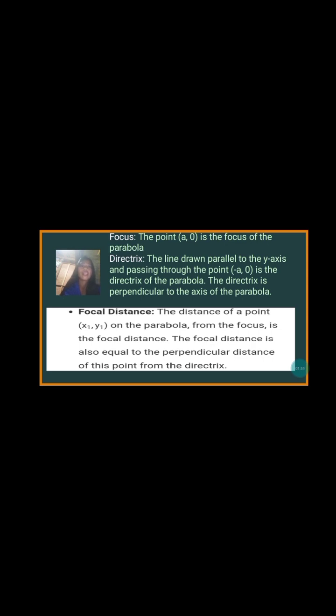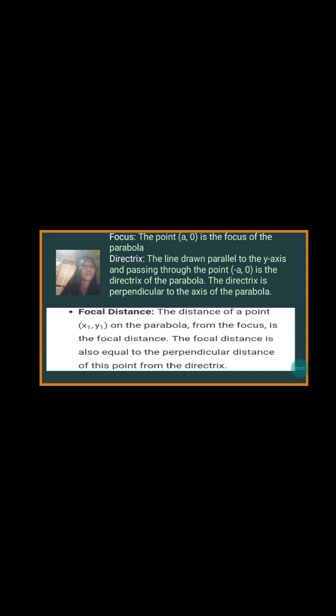Next we have the directrix, the line drawn parallel to the y-axis and passing through the point (negative a, 0), where the directrix is perpendicular to the axis of the parabola. We have also the focal distance.